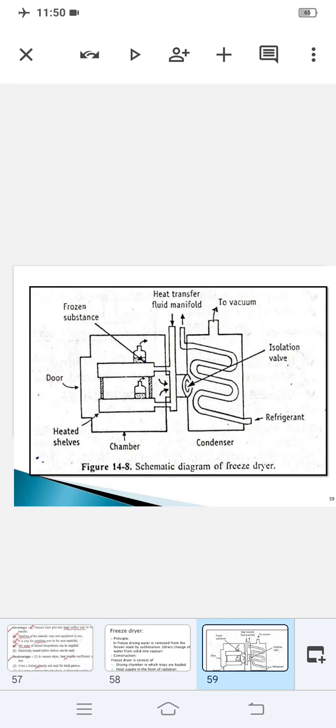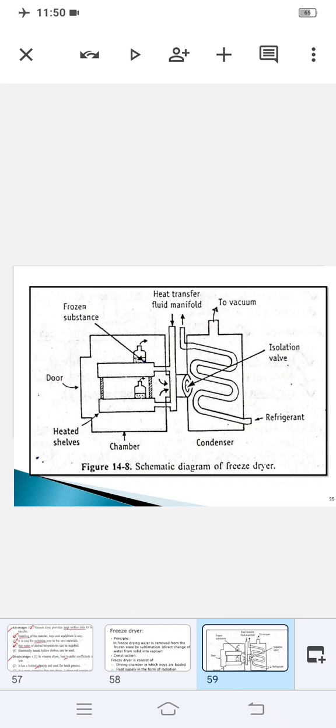Okay. Now what is actually happening in the construction of our freeze dryer? The chamber of the vacuum dryer is generally designed for batch operation. Okay, it consists of shelves for keeping the material, and the distance between the subliming surface and the condenser must be less than the mean free path of the molecule.